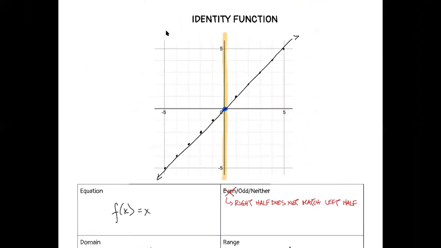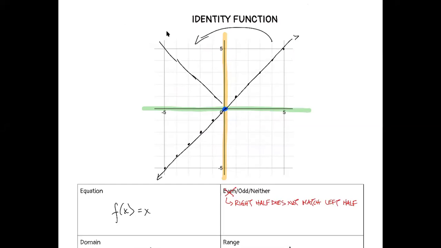If I reflect it over the orange line and then over the green line, does it match? Yeah, it does, right? Because if I reflect it over the orange line, this part becomes this.